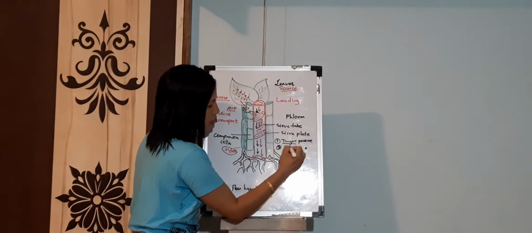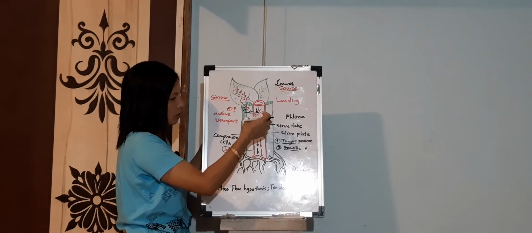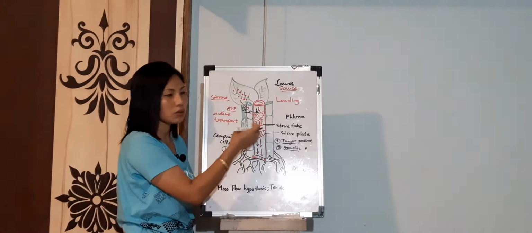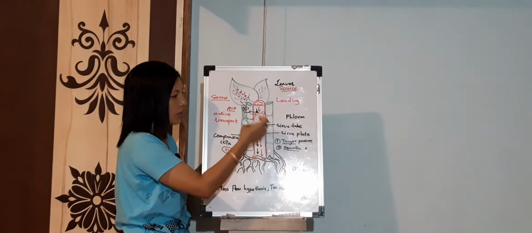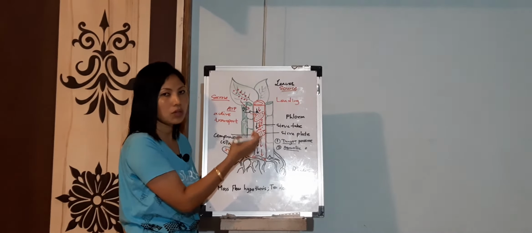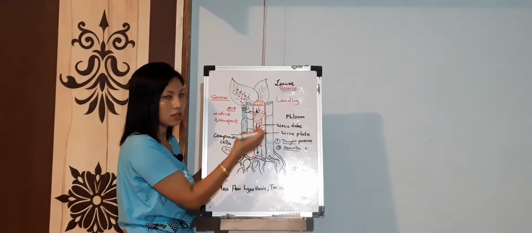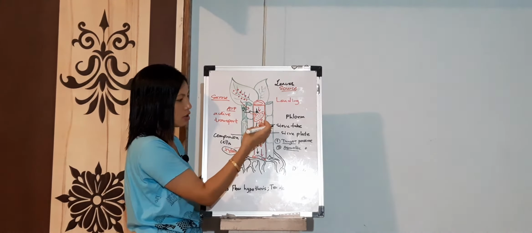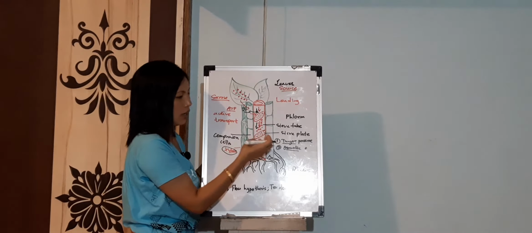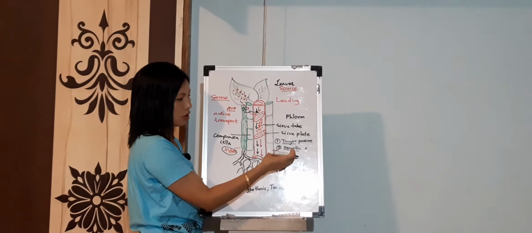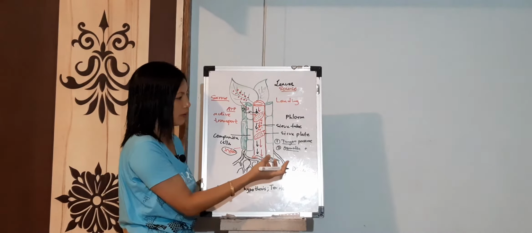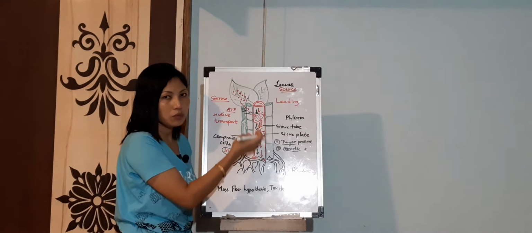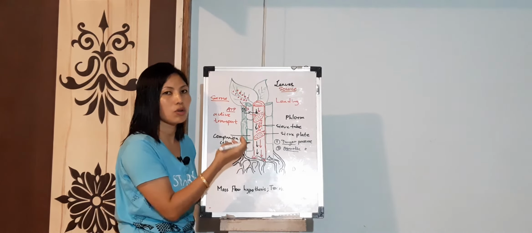Because of the continuous movement of molecules, the loading of the food, and the higher concentration of solute in the sieve tube, water will move inside the sieve tube, which will increase the osmotic pressure and also the turgor pressure, due to which the food will now start to move to its low pressure area.